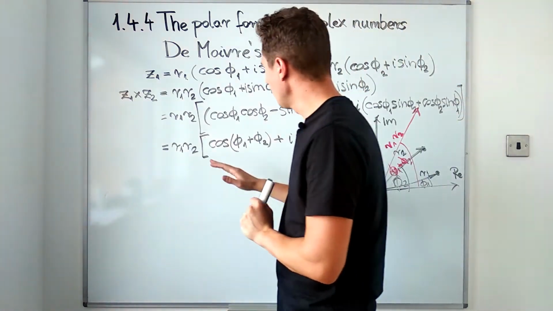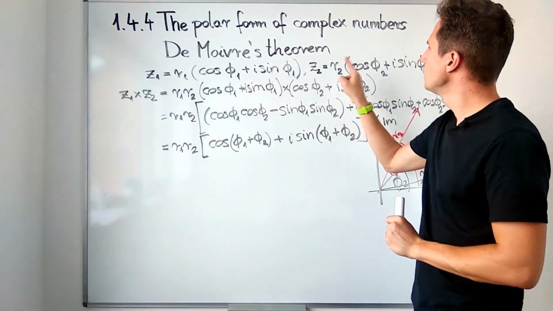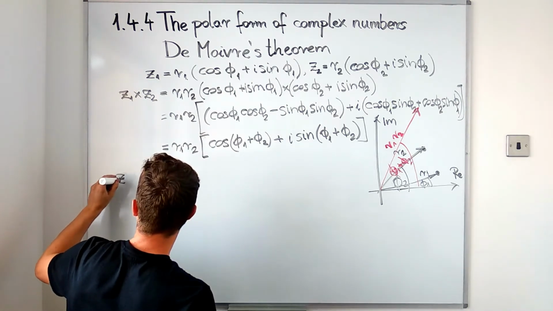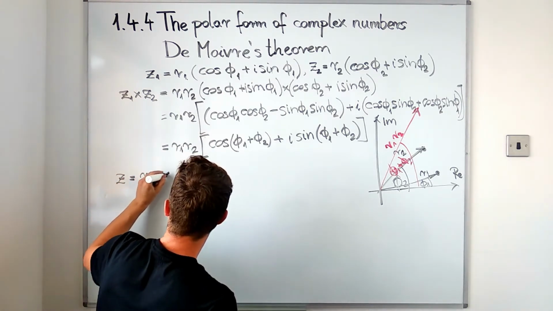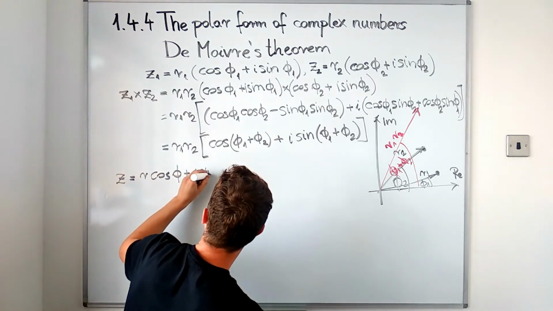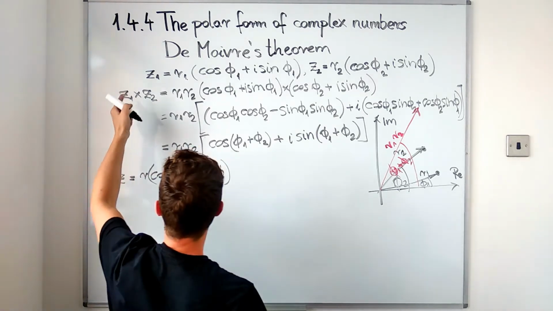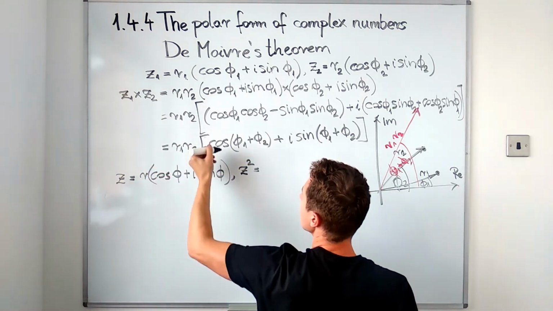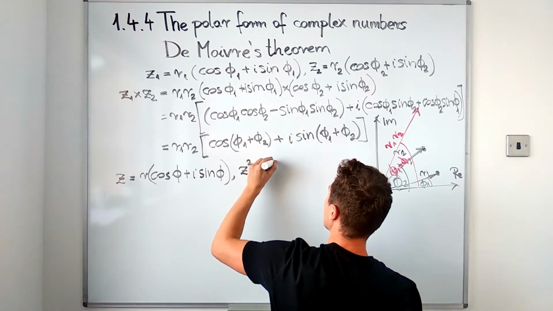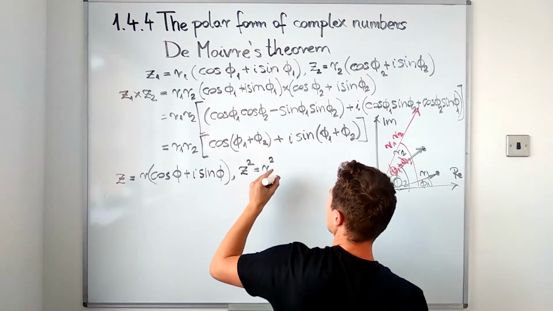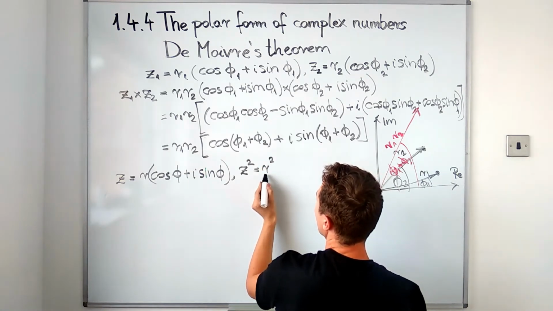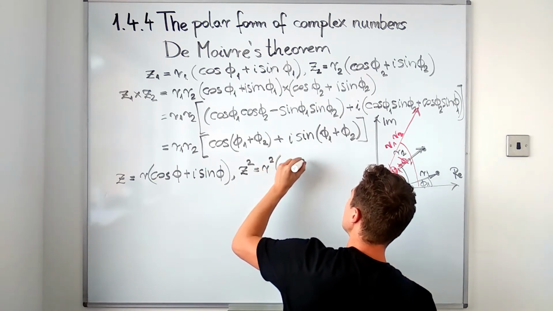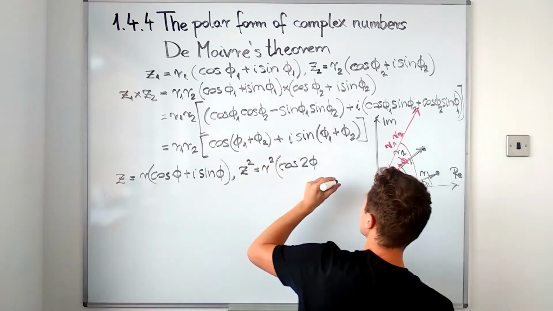interpretation. Now let's see what happens if these two numbers are the same. So if z1 and z2 are equal to z, r times the cosine of phi plus I times the sine of phi, so this is just one single number. If they are equal, that means I'm squaring this number, and that will give me a nice formula for the square of z, telling me that the modulus gets squared, and the argument gets doubled because I have phi plus phi.